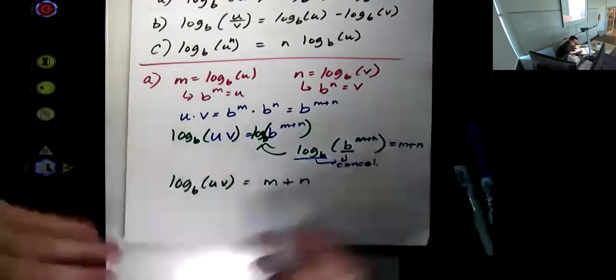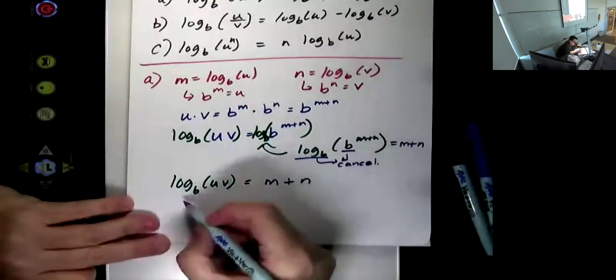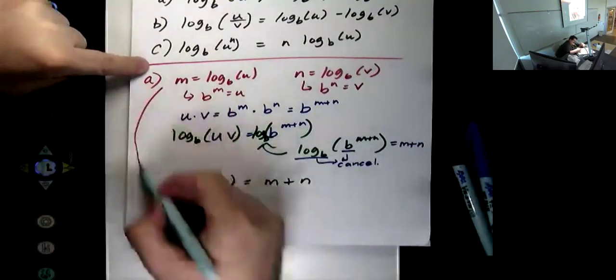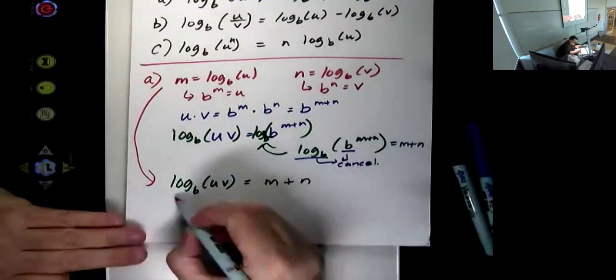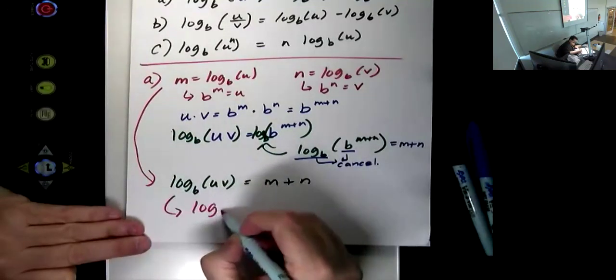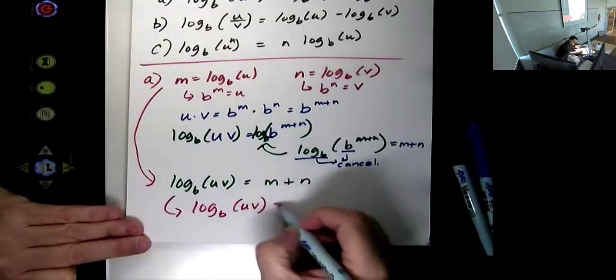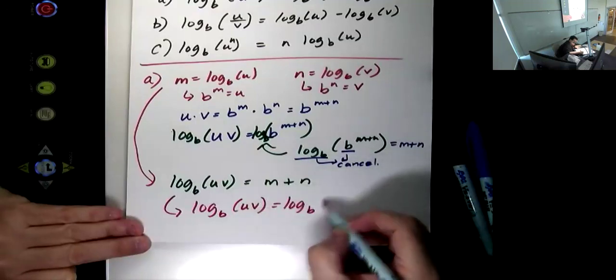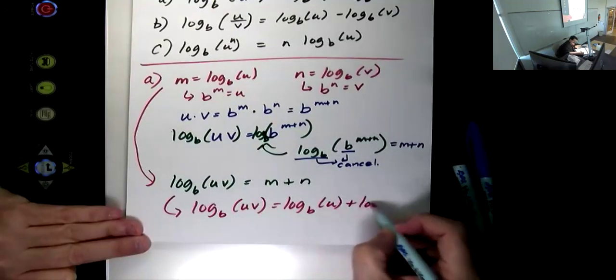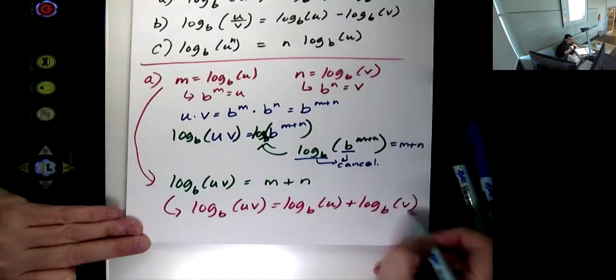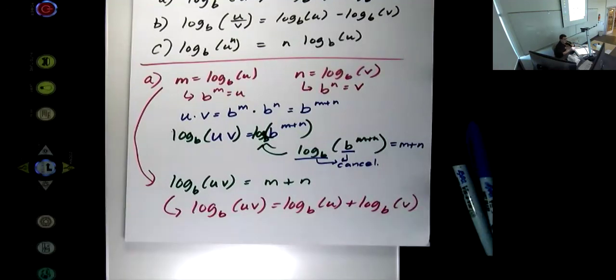Plugging that information in, we get log base b of uv equals log base b of u plus log base b of v. And that was our first property.